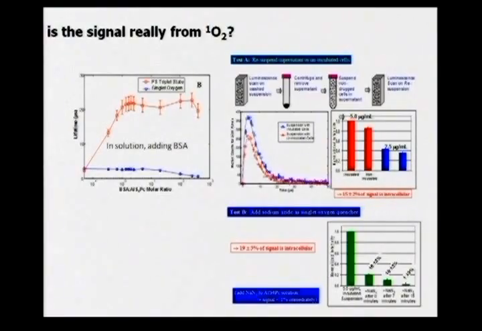And this is because a little bit of the sensitizer leaks out into the water. There's no biological substrate in the water, therefore the lifetime of the singlet oxygen from the photosensitizer that is in the water is longer, so it contributes to the signal. So again, these experiments are easy to do, very difficult to interpret. You have to be very careful.